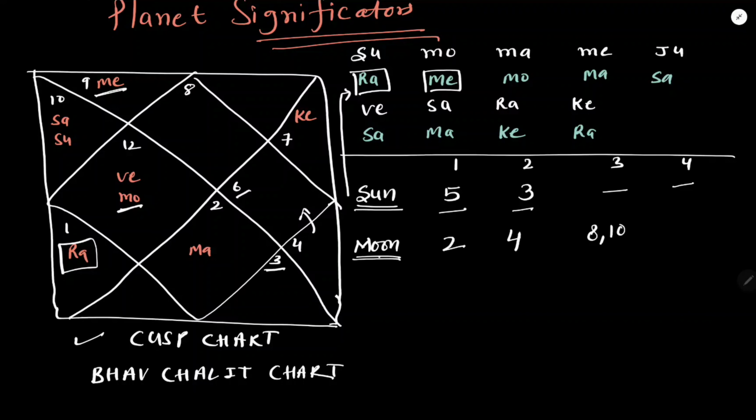So at third level 8 and 10 houses are included. Now at the last, the moon will give result of itself, and the fourth sign, which is the moon sign, the Cancer, is in the 9th house, so 9th house is also included. The moon becomes a significator of 2, 4, 8, 10, and 9.